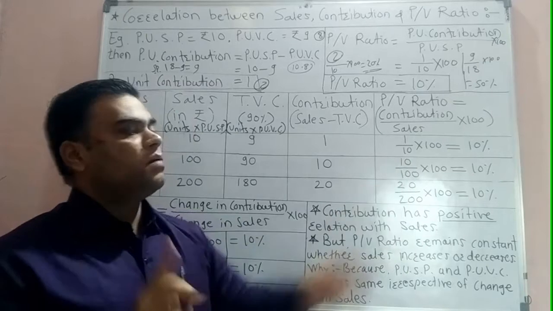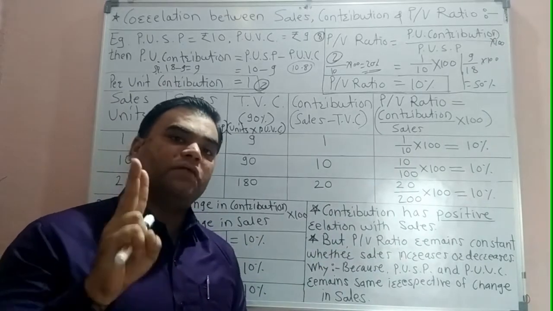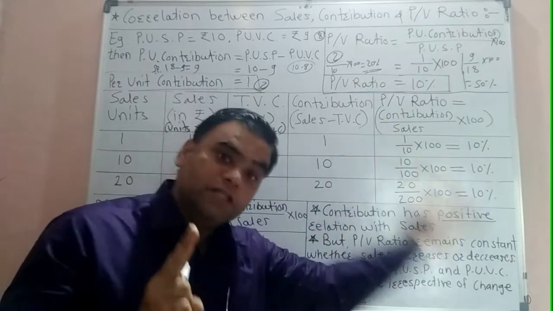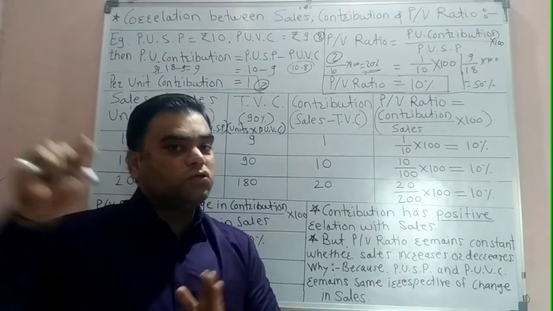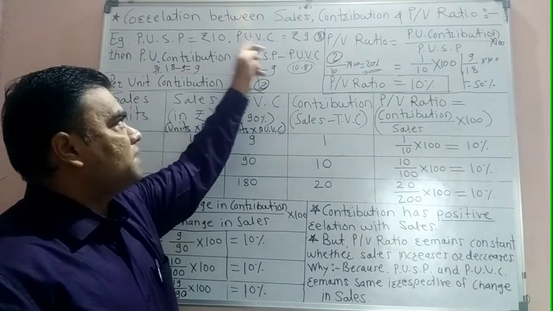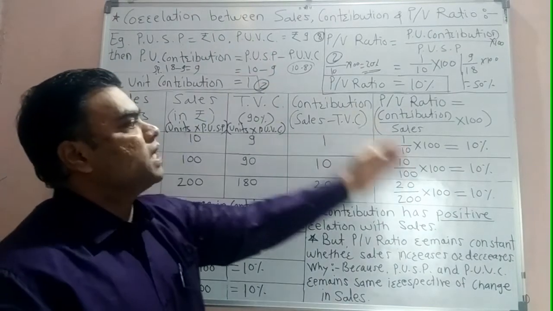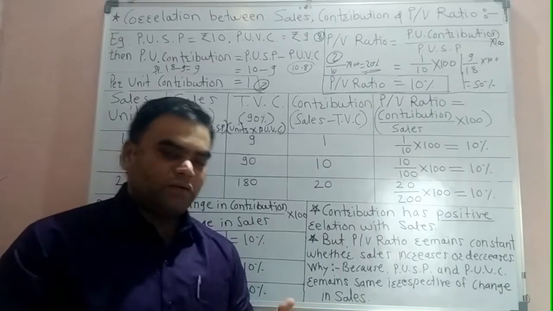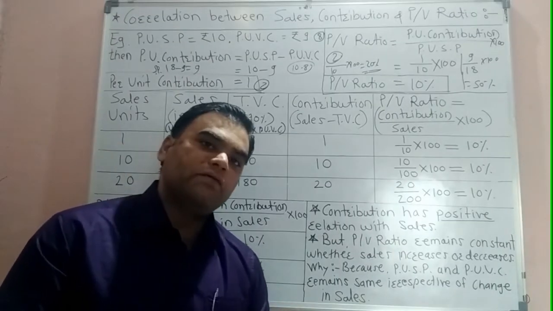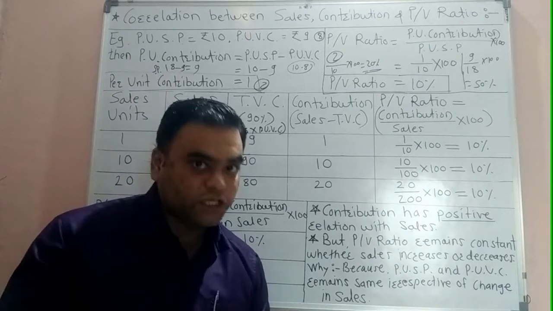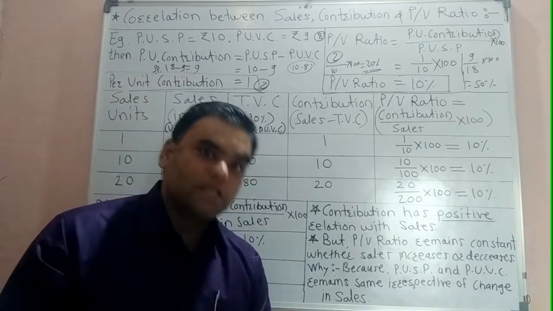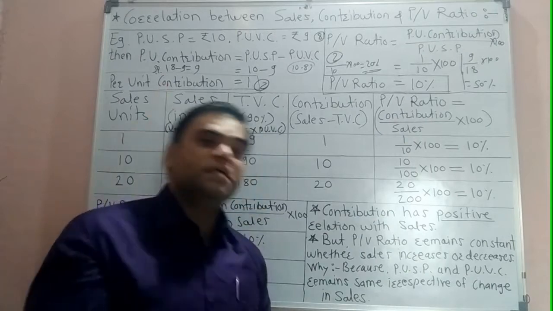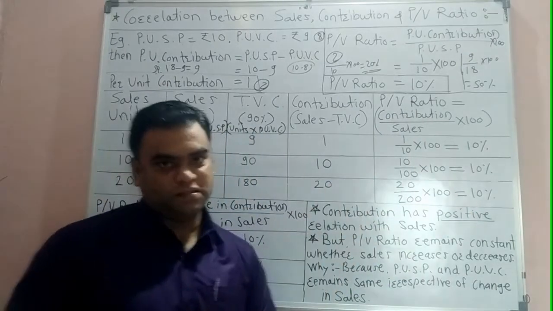So if your per unit selling price and per unit variable cost remain unchanged throughout all levels of sales, then your PV ratio will also remain unchanged throughout all levels of sales.